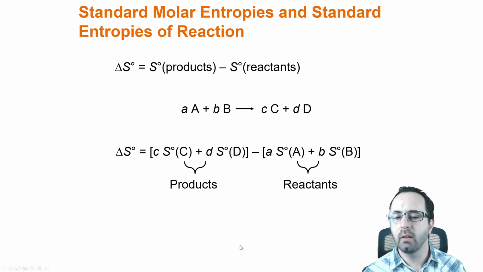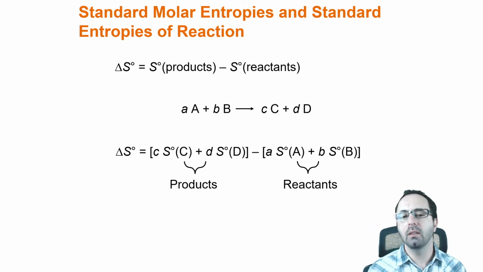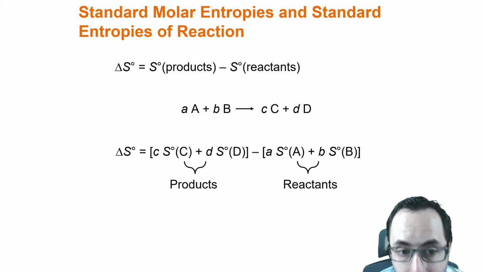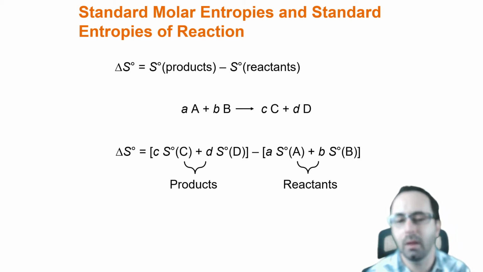Now, what are these tables for? So you guys used this table way in the past when you were calculating the delta H's for a reaction. And we can use these tables to calculate the delta S, the change in entropy for a reaction. And so this formula, as you can see, is basically the same thing as you did in the past with delta H's.